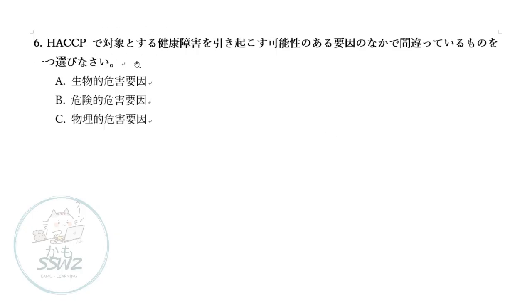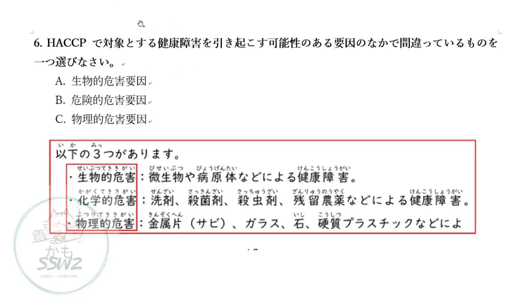健康障害を引き起こす可能性のある危害の中で間違っていることは何ですか？ So, what are the factors that are harmful to health in HACCP that we need to think about? There are three of them. First is Seibutsuteki Kigai.